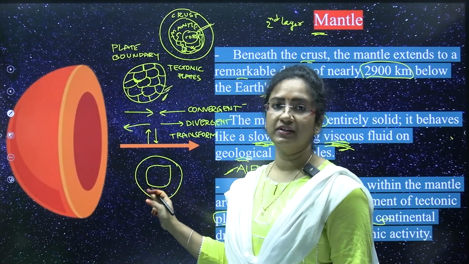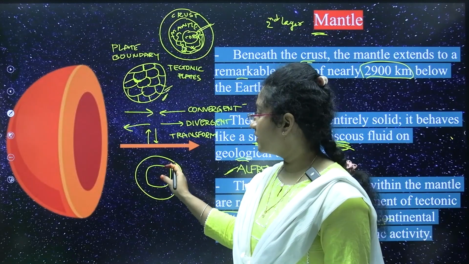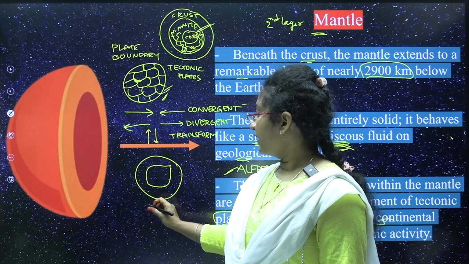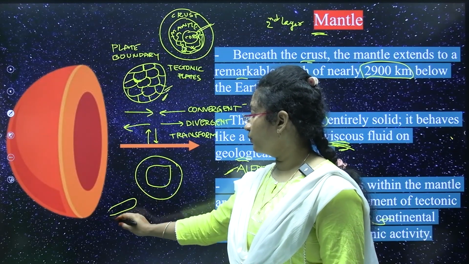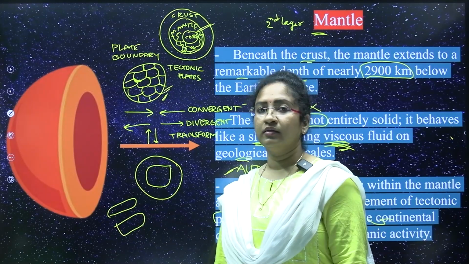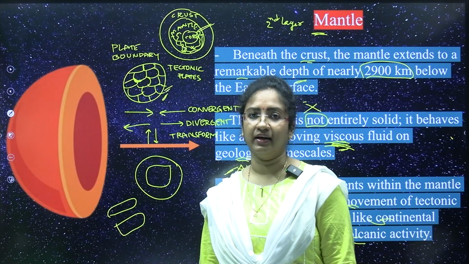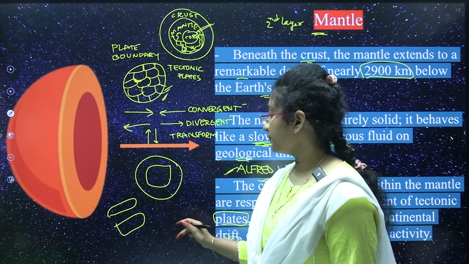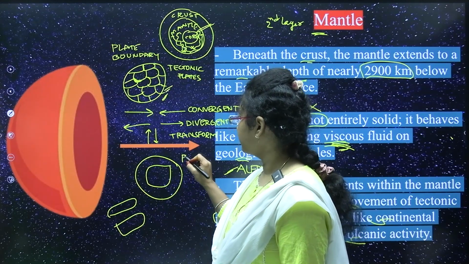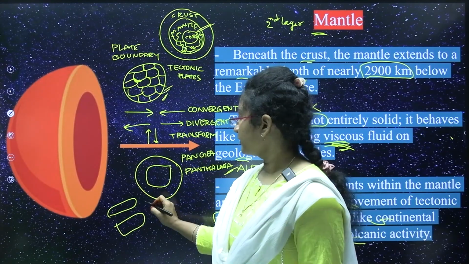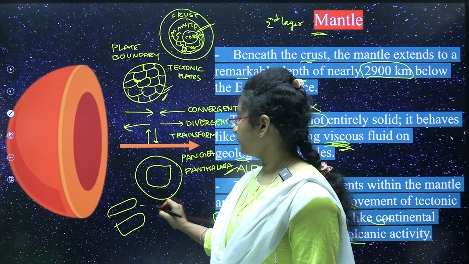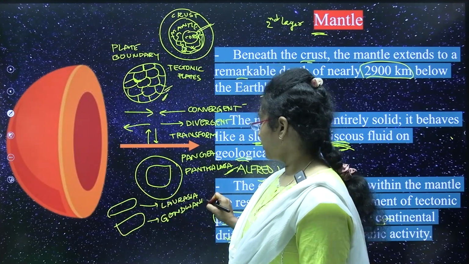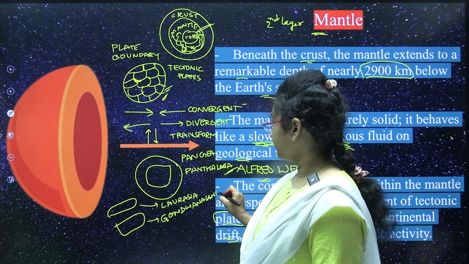So what happened after this? Due to the movement of the tectonic plates, this single piece of land got divided into 2: Laurasia and Gondwana land. Here we have some important terms. Pangea split into Laurasia and Gondwana land.